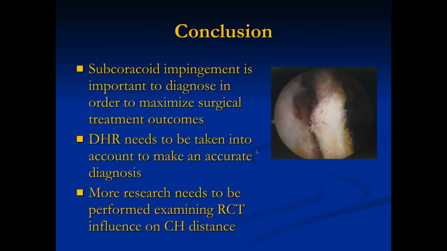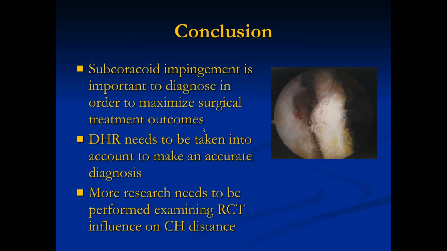So subacromial impingement is a real thing. And when you do measurements of this, it's important to take into account the degree of internal or external rotation of the humeral head. The studies at that point had not taken the degree of internal and external rotation into account when they took this measurement.